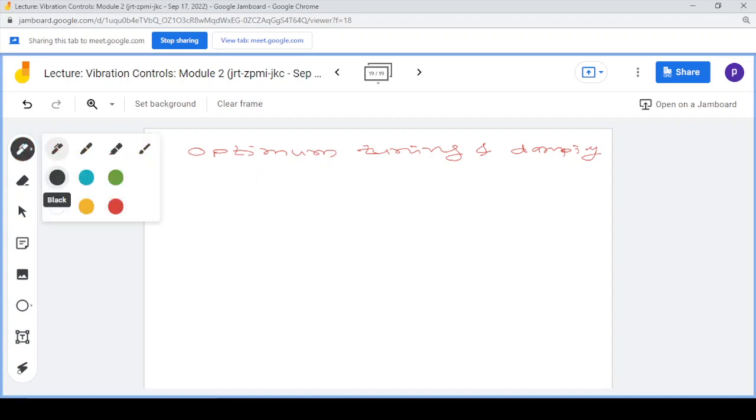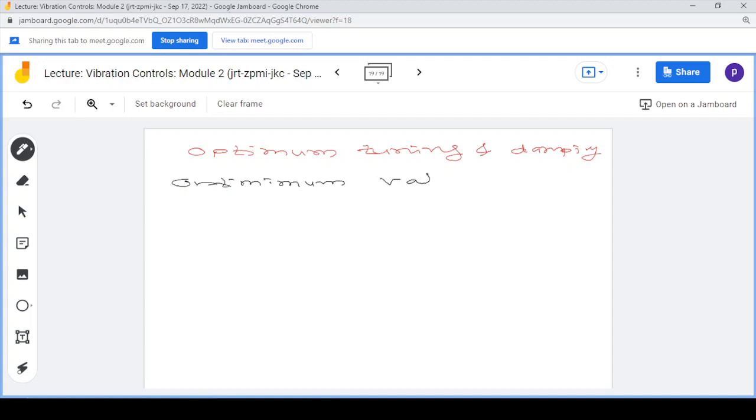Before we find out the optimum values of nu and 2 omega, there are two values of omega, right?